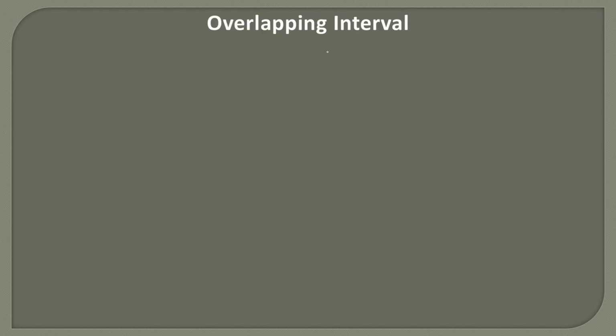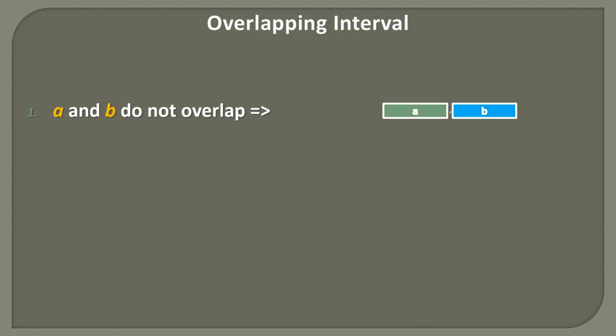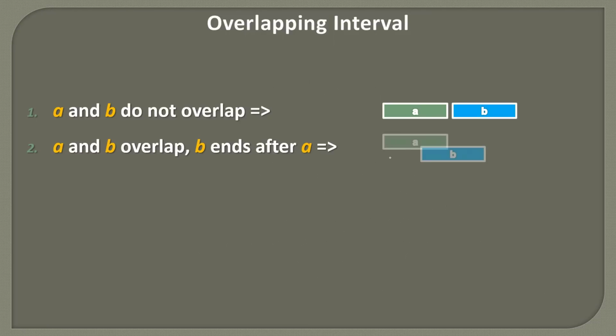For the overlapping interval, in our previous video, we saw the different use cases of what happens when two intervals overlap with each other. One such condition is A and B do not overlap. It looks something like this: there is a gap between these two intervals, so we can't merge them. Now if A and B overlap, but B ends after A, it would look something like this.